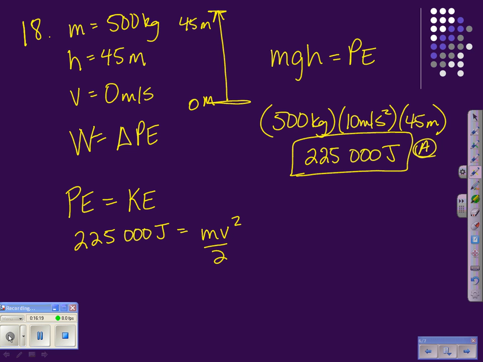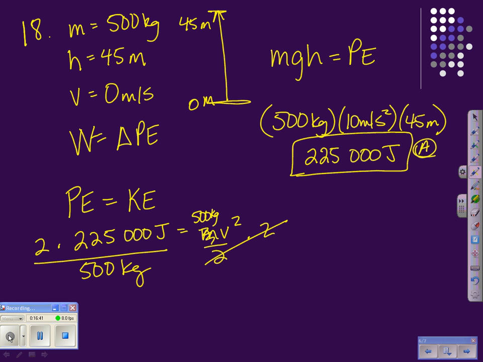Remember, our mass is 500 kilograms, so all we're finding is the v. So we're going to multiply by 2 on both sides, and then we're going to divide by 500 kilograms.